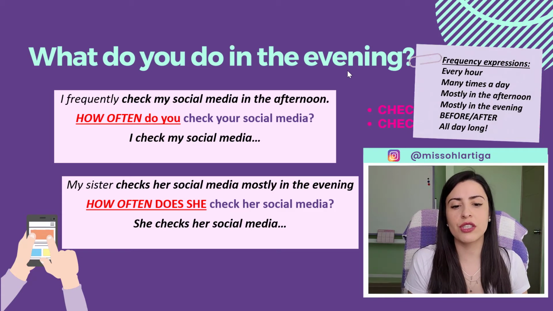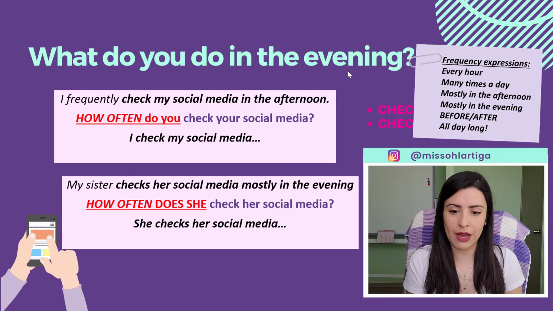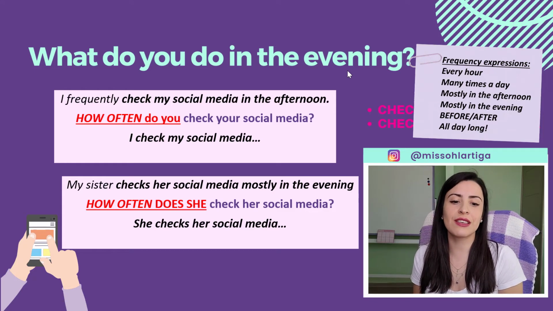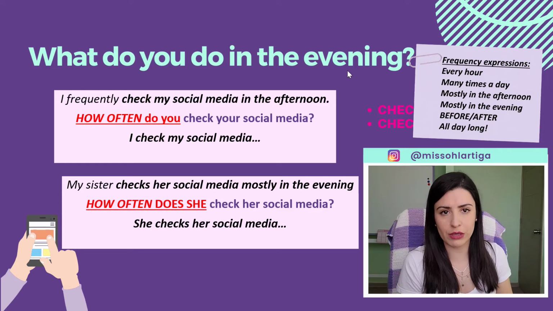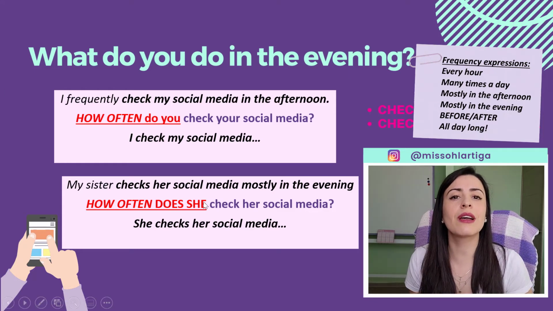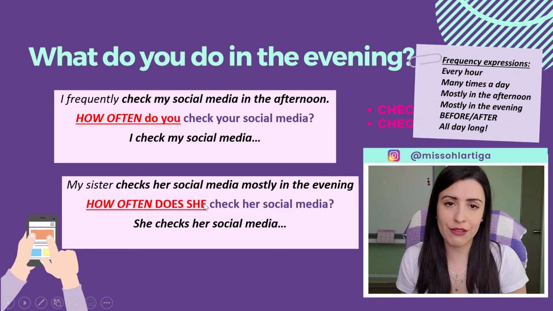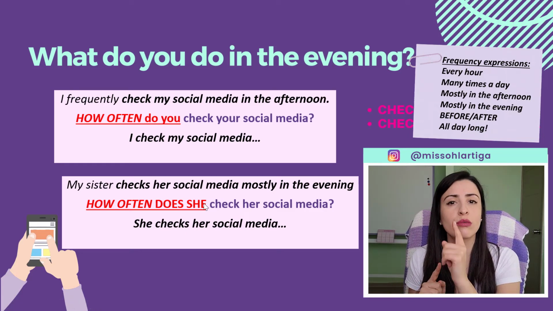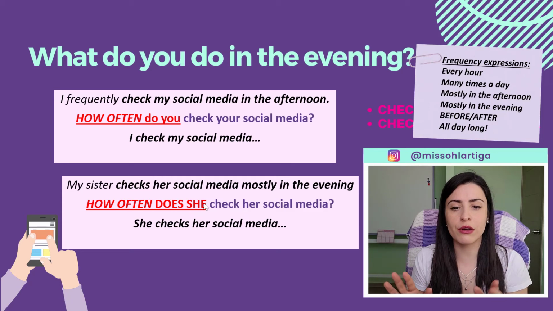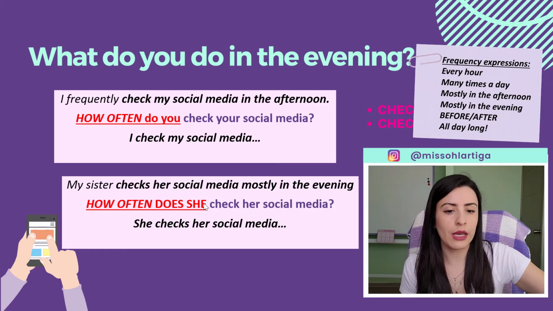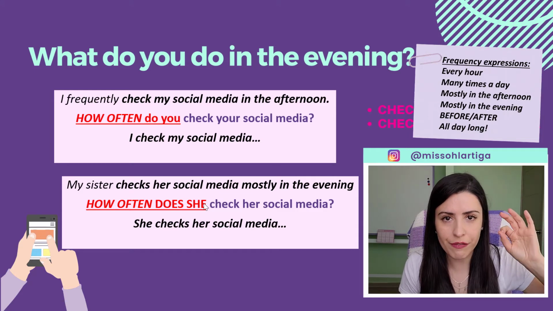How often does she check her social media? Con qué frecuencia ella chequea sus redes sociales o revisa sus redes sociales, ¿cierto? Recuerda que aquí estamos usando preguntas de información, por tanto no tenemos que usar un sí o un no, ¿ya? Recuerda eso, es la oración completa, afirmación o una negación, pero es la información directa, ¿ok?